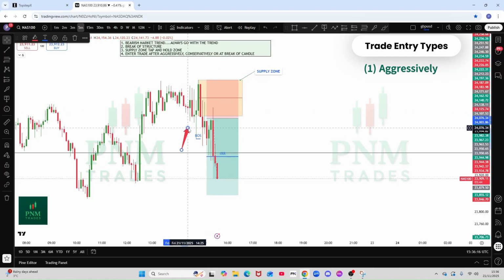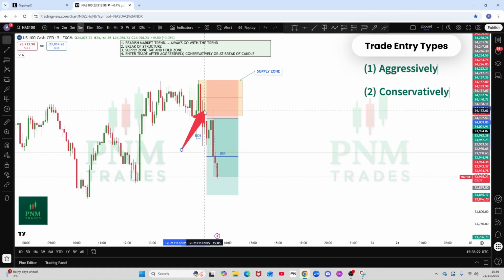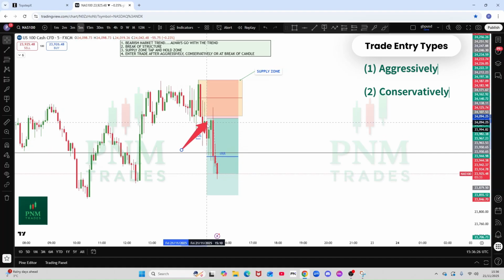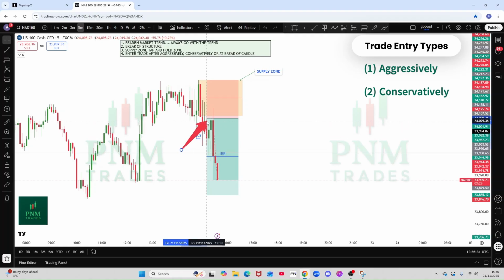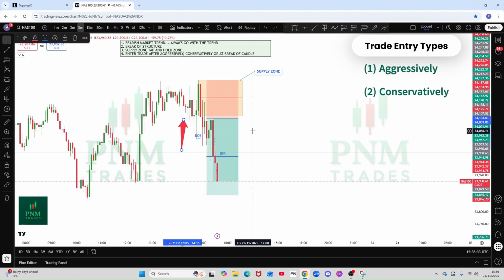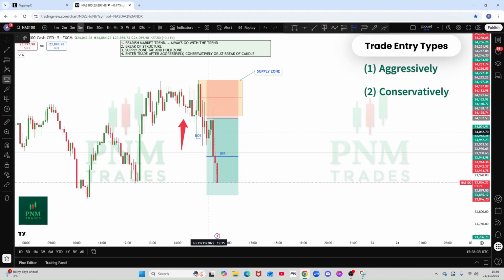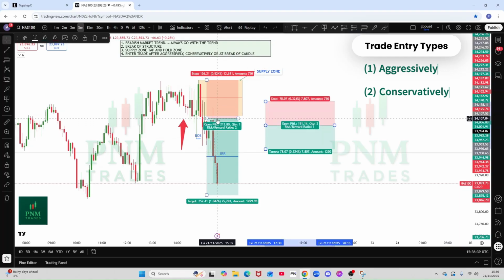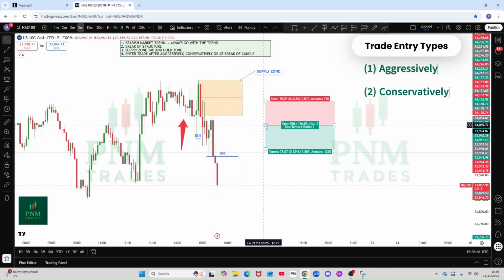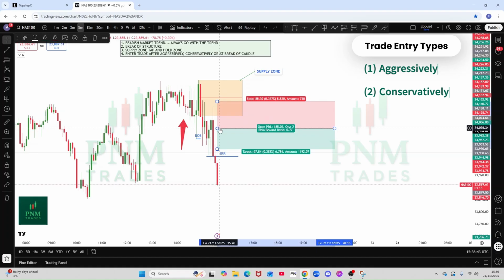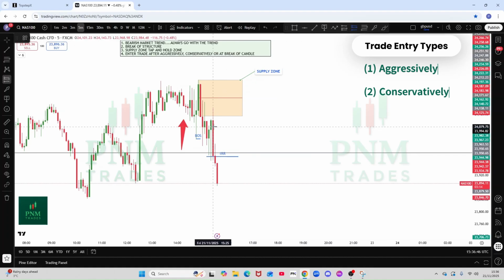Okay, now conservatively is when this same candle has done all it's been doing, then closed. Now we are on this candle. So as soon as this closes and this starts, that's when you enter your trade. So this would have been your conservative entry right here.